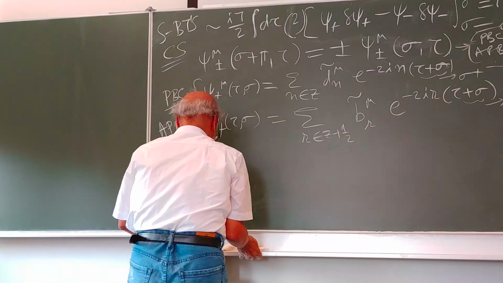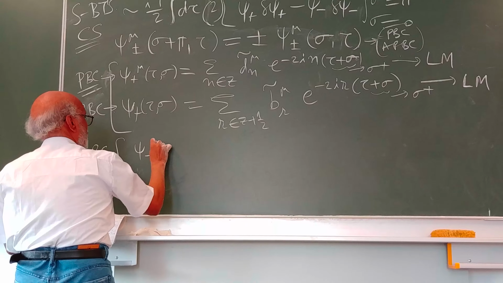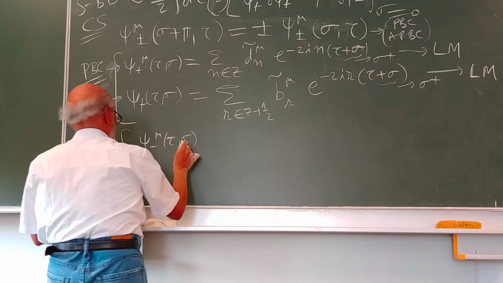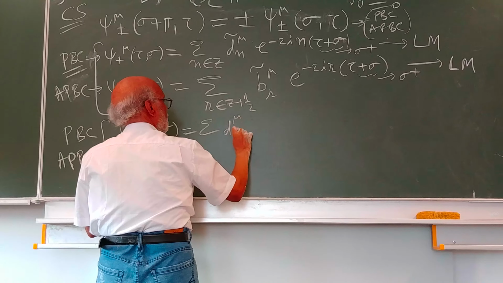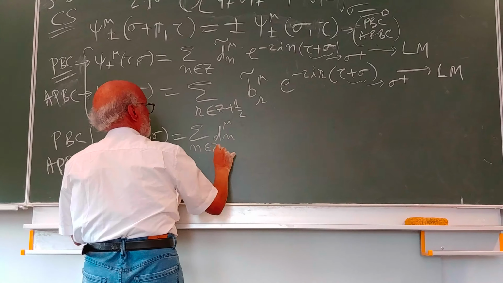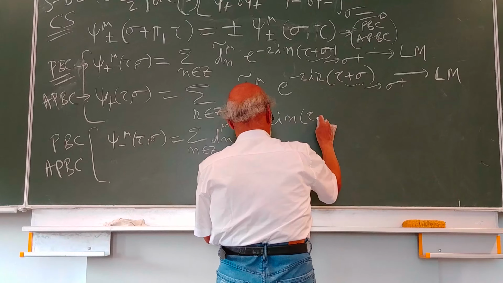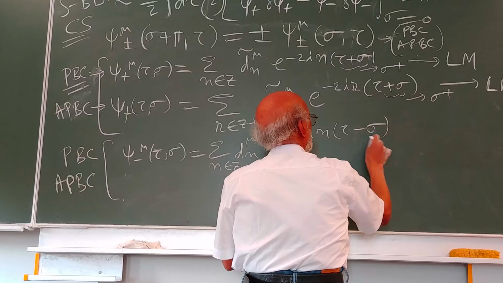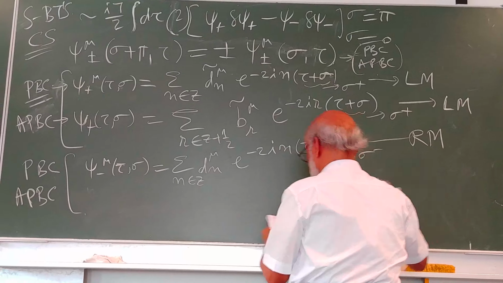Similarly, I am going to have two more, one for the periodic, one for the anti-periodic. Here I have psi minus mu (tau, sigma) is d mu n times e to the power minus twice i n (tau minus sigma), so that this is sigma minus, so that this is the right mover.